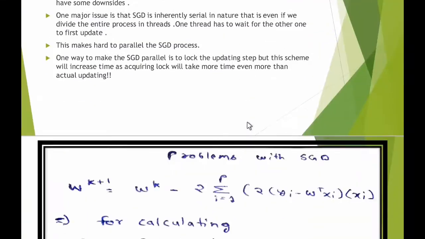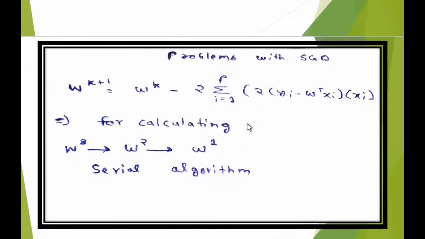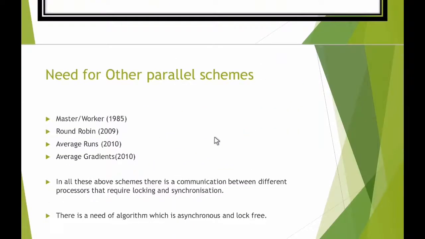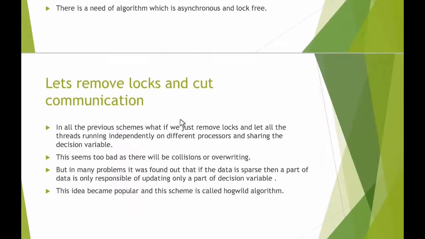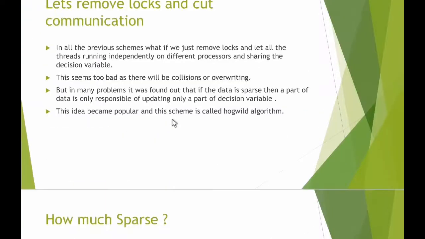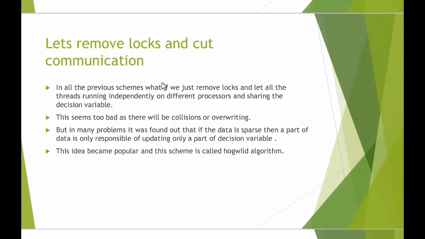Then we defined that stochastic gradient descent has a problem: it is a serial algorithm. So we look for parallel algorithms, but most of these have locking and synchronization, which reduces performance. So we proposed a new algorithm called the Hogwild algorithm, in which we remove locks and cut the communication between the processors.